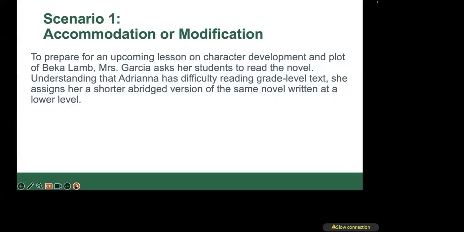Just to know the importance of having paperwork, documentation, and everything. Because once we know about the child, then we can actually decide whether we are accommodating or modifying. It is important to know that modification and accommodation will give different outcomes.